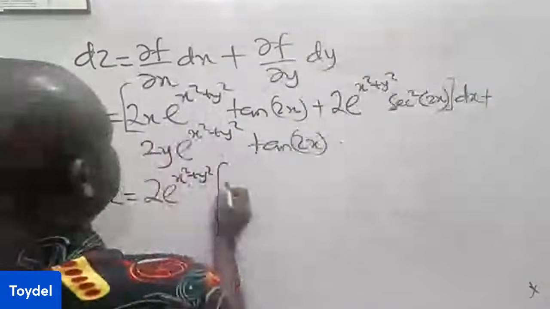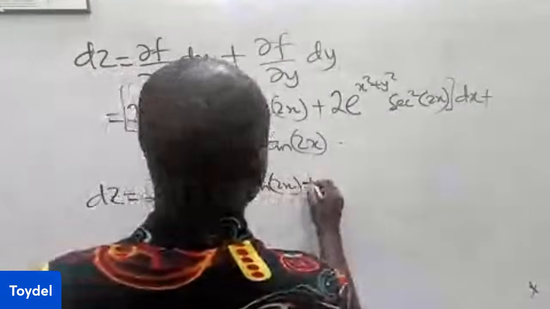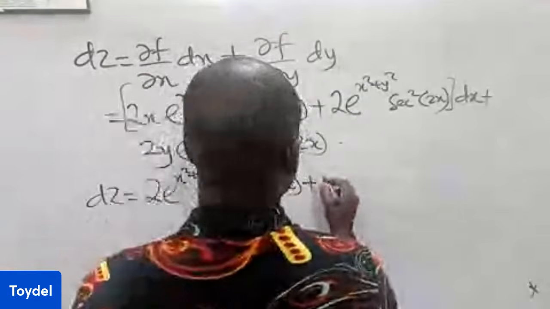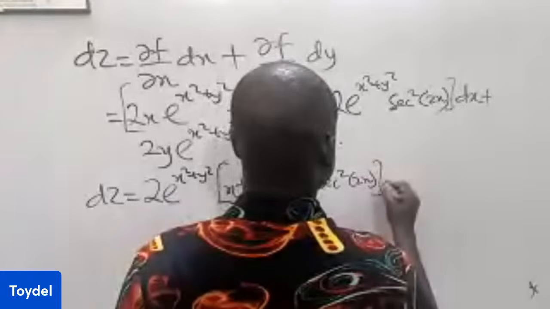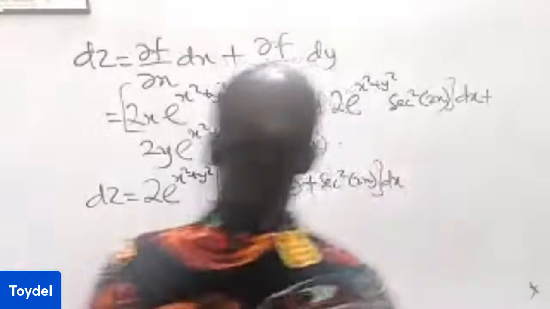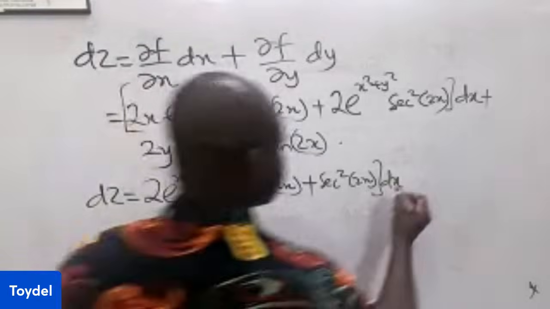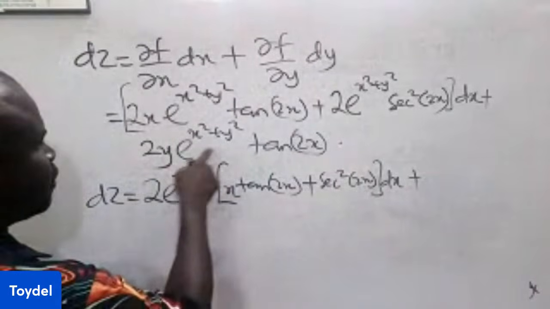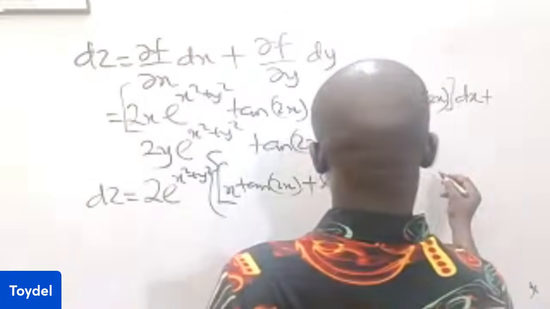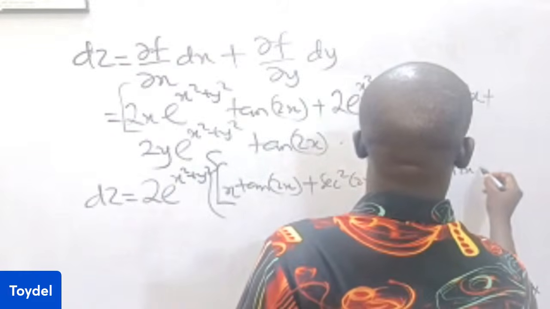If we bring this up, we are going to have x tan 2x plus sec squared 2x, dx, plus, if I assume that I brought out everything there, y tan 2x, dy.